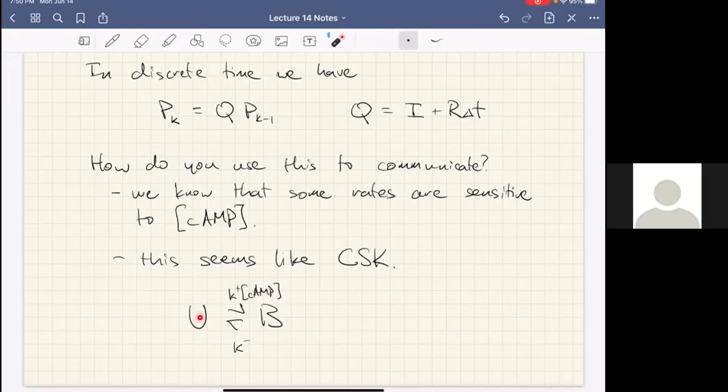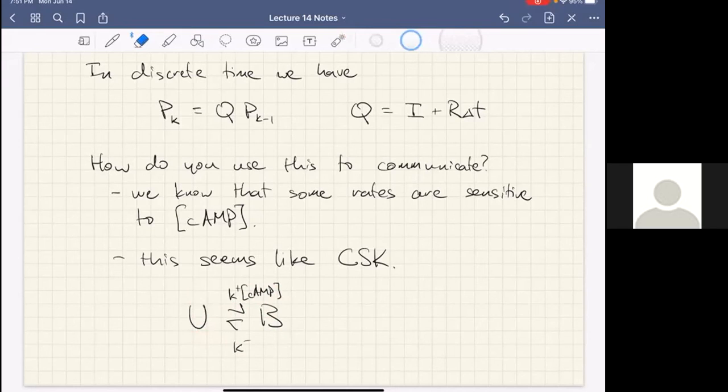Then if we start in state U, this forward rate is very small because cAMP is very low, meaning we spend a lot of time in state U. So we wait a long time, and then eventually we'll go to state B, and we come back at whatever rate. It seems like we're going to spend a lot of time in state U.